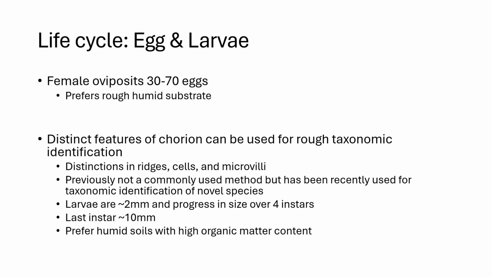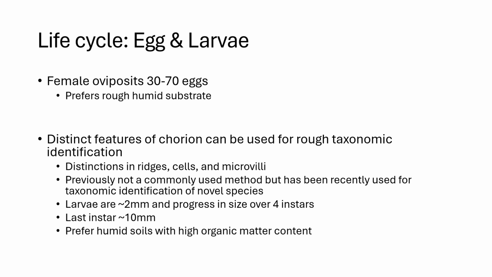The chorion itself is the outer casing of the egg that serves as armor to help protect the egg. As a taxonomic identification method, it is not very commonly used, but has recently gained some popularity for general taxonomic identification of novel species.